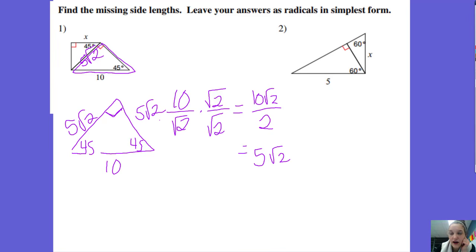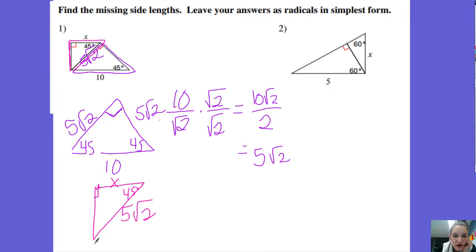So now I know that leg of the purple triangle, and that leg of the purple triangle is the hypotenuse of this pink triangle. So I want to find x, the leg of that 45, 45, 90 right triangle.